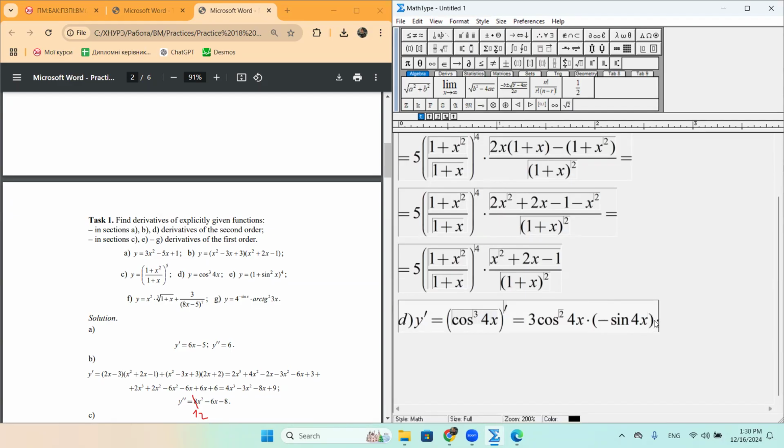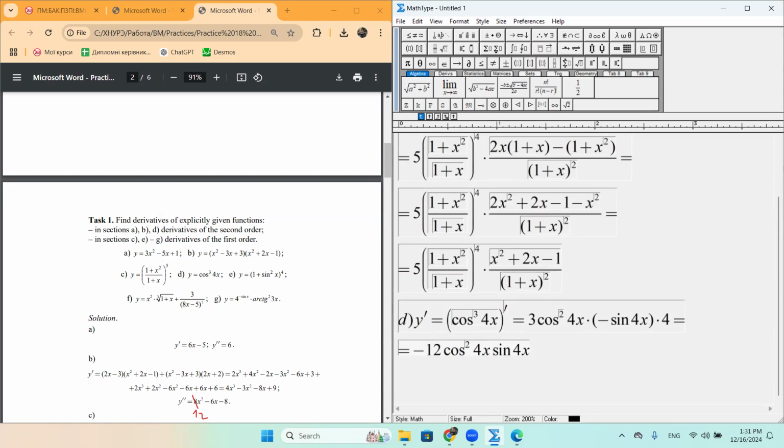Forgetting some hotkeys. So now let's multiply everything. So what do we have? Minus 12 cosine square of 4x by sine of 4x.